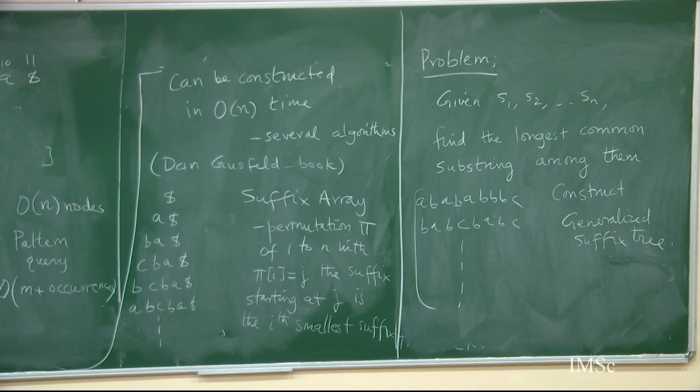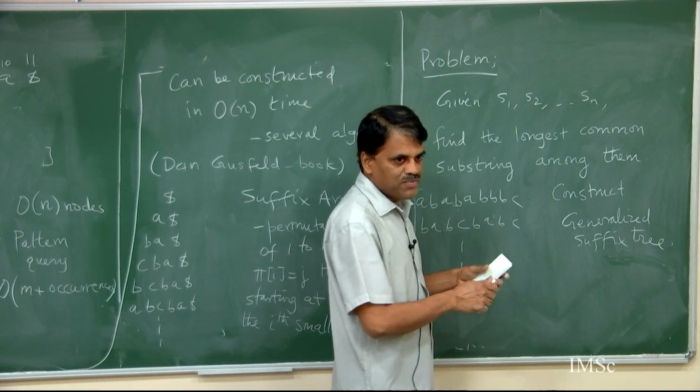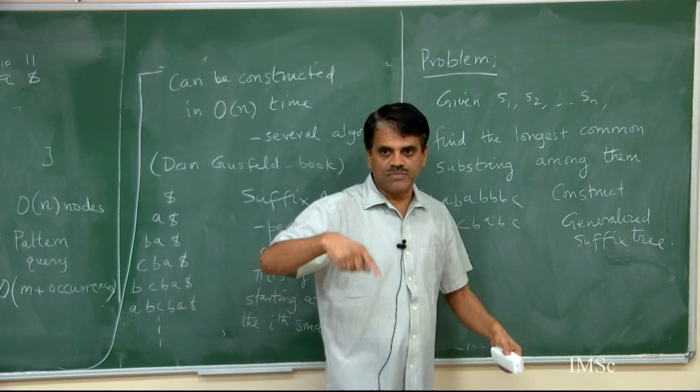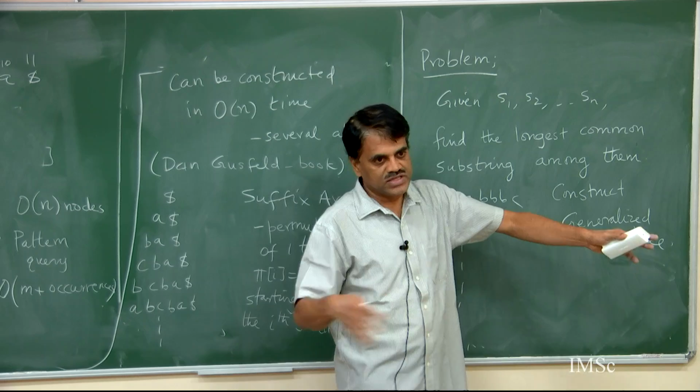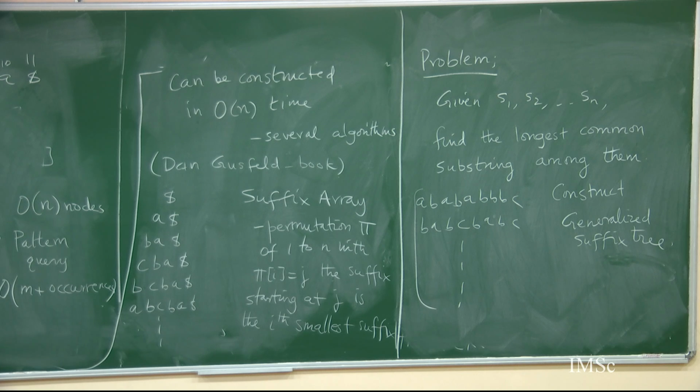You also need some delimiting characters between these things. So, imagine you have this big string, which is a concatenation of all the strings with some delimiting characters, which do not appear inside any of the strings, and I build a suffix tree. Leaves correspond to positions in this big concatenated string.